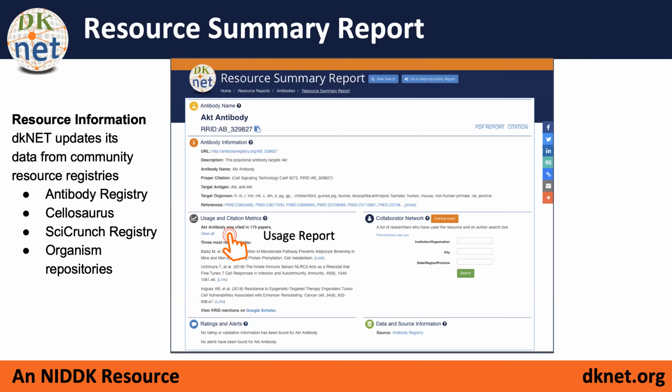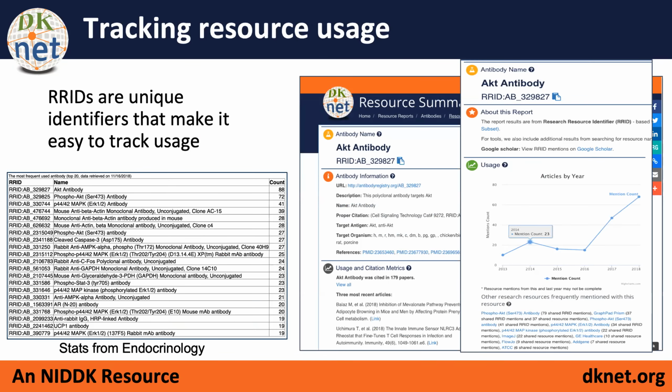Once we get the summary report, we can then look at the usage, and that's a sub-report from the main report. The resource usage gives you information, again, on the publications it's been found in, and then also the articles over the years that it's been found, like how many mentions in various years.